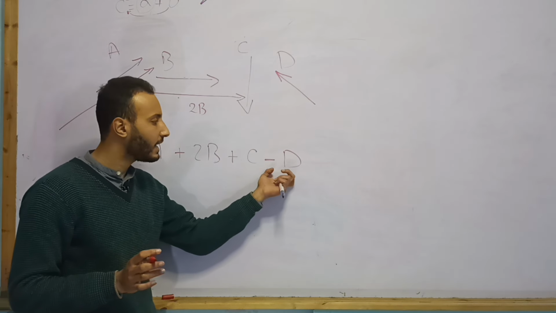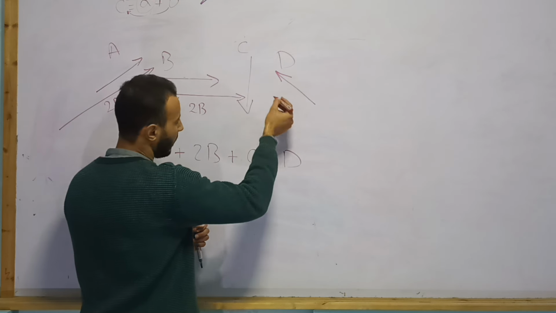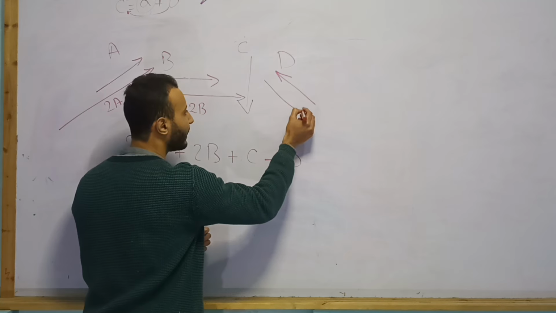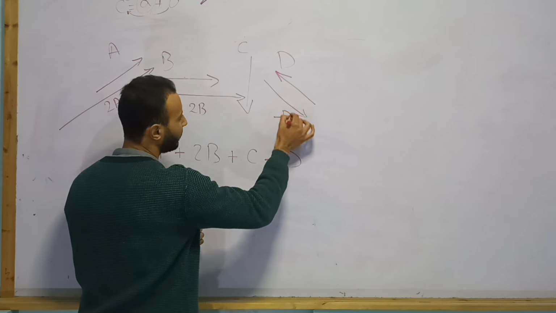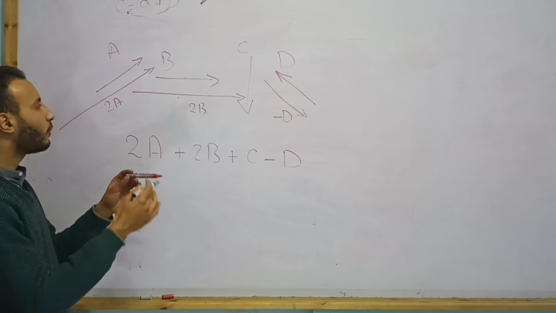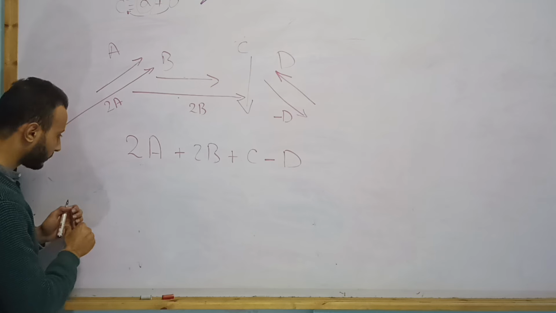So let's get negative d or minus d. We have d. I said to get the minus of any vector, you have to make another vector parallel to the old one, but in the opposite direction. So this is the negative d. Let's join all of these vectors together. 2a like this.